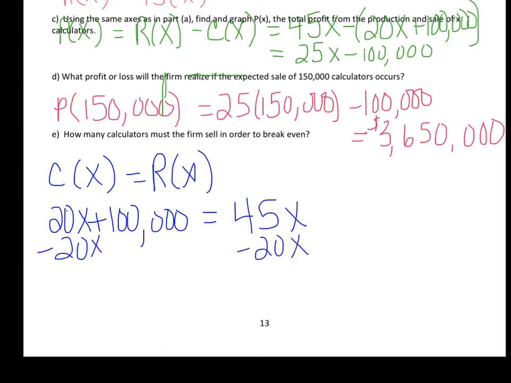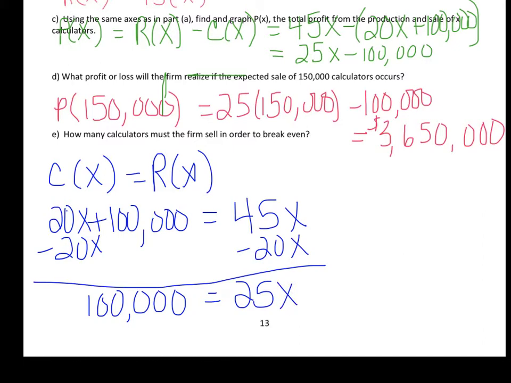Subtract 20x on both sides. We get 100,000 equals 25x. And if we divide both sides by 25, you see that you get 4,000. So they only need to sell 4,000 calculators to break even. They project 150,000 calculators, so even if they don't quite make that, they should still make a profit.